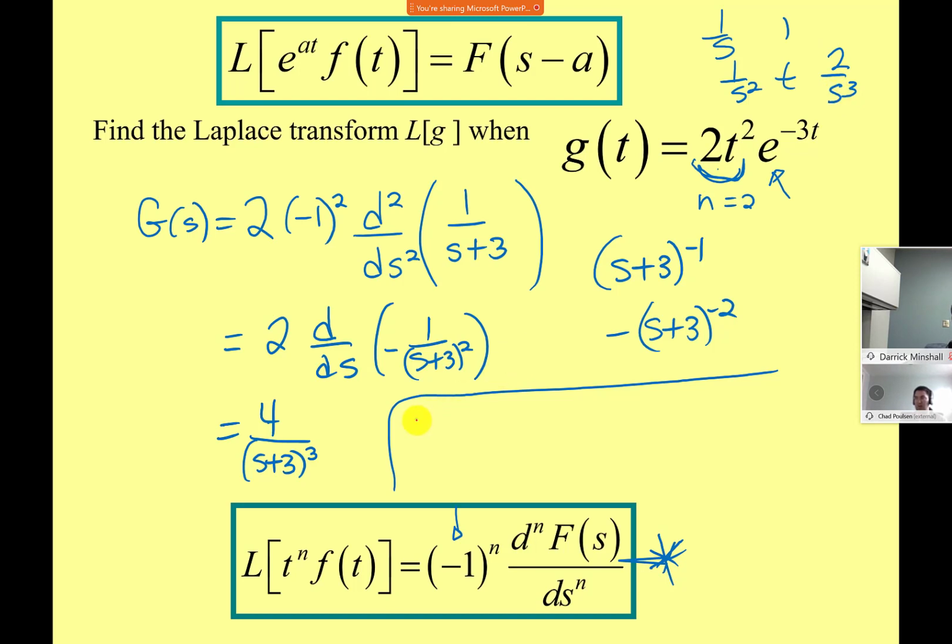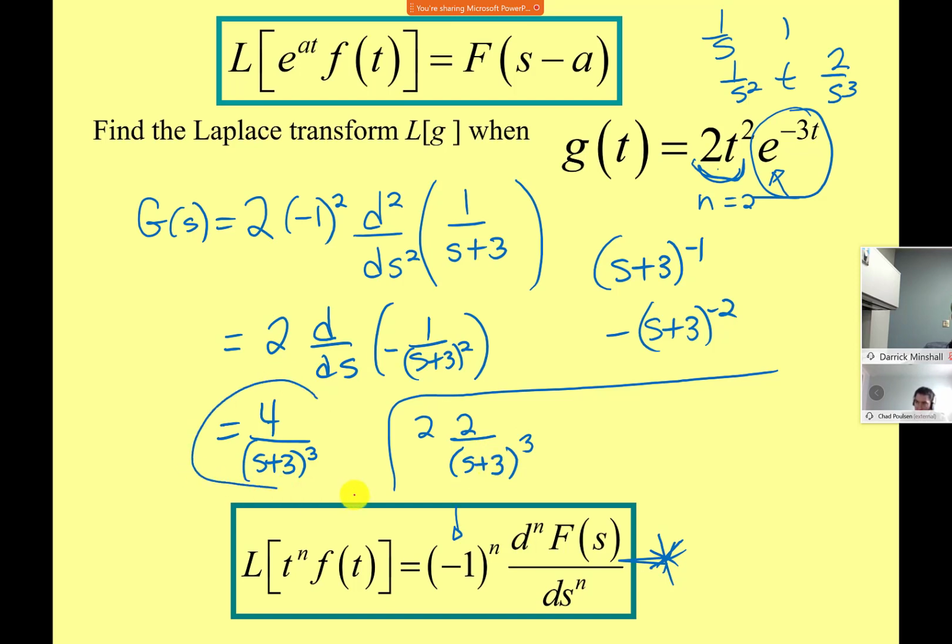So I have the 2 still, and then the Laplace transform is going to be 2 over s cubed. However, it is multiplied by the exponential, so I need to take the s and shift it. So this was s cubed, but I need to shift it, and so it's going to be s minus a, -3, which is s plus 3.